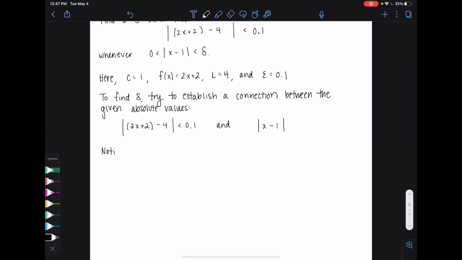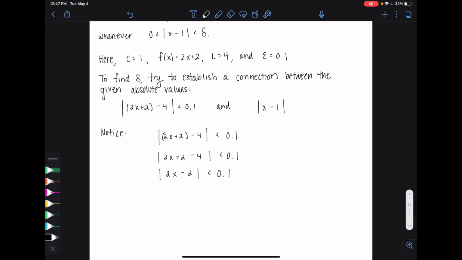So notice, if I take the absolute value of 2x plus 2 minus 4 is less than 0.1, and I manipulate this, those parentheses do absolutely nothing. So really this is 2x minus 2 inside this absolute value. And then they both have 2 in common.